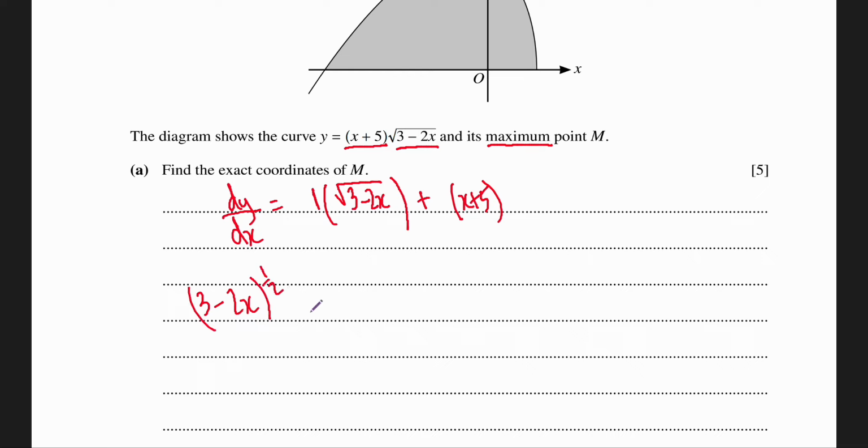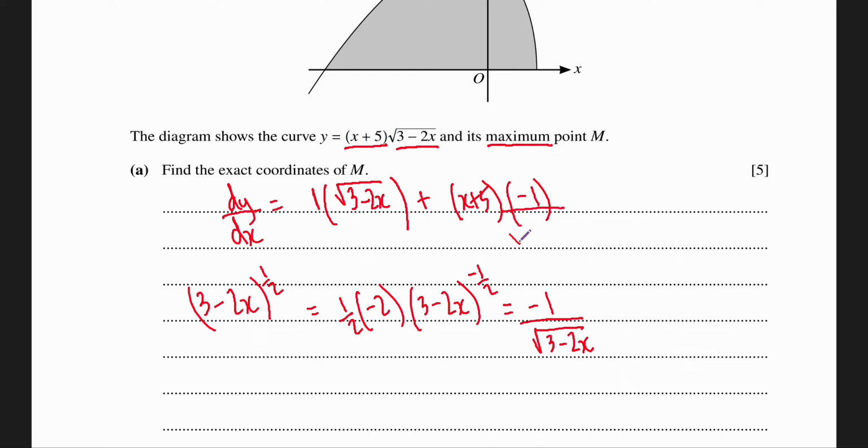You want to take the derivative of that, so that becomes a half times negative 2 times 3 minus 2x to the power negative a half, which is equal to negative 1 over square root 3 minus 2x. So not that bad. So you can put that back in here. So you have negative 1 divided by square root of 3 minus 2x.